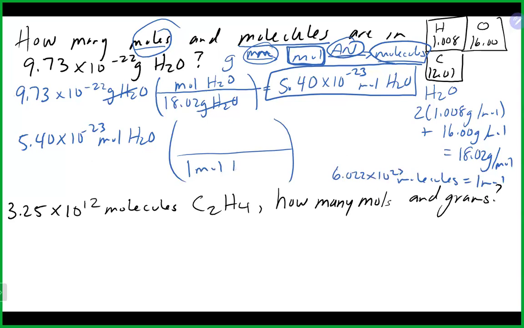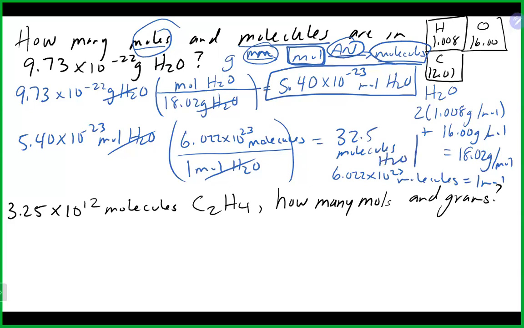So moles are going to go on the bottom, and Avogadro's number here is going to go up on top, so that we do end with molecules and not moles. The moles will cancel, and that will get us 32.5 molecules of water in this case. Any questions on either of those calculations?